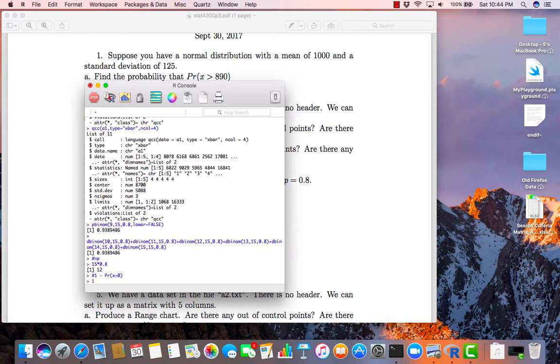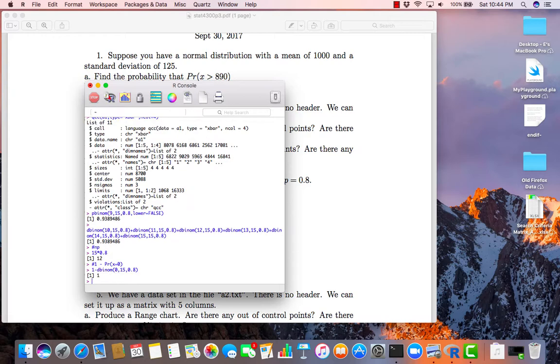So it's just going to be 1 minus dbinom 0, comma 15, comma 0.8. And before you can say rescue dog, you have 1. That's all there is. It just happened to be that term there, the dbinom, was 0. So 1 minus 0 is 1. That's all there was to it.